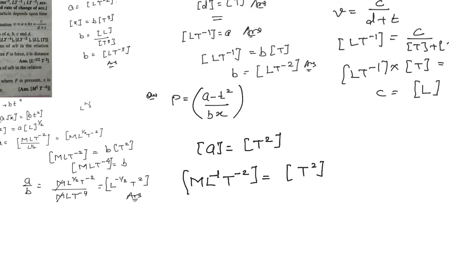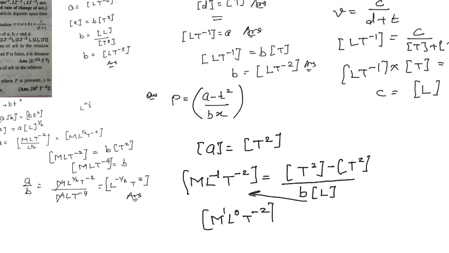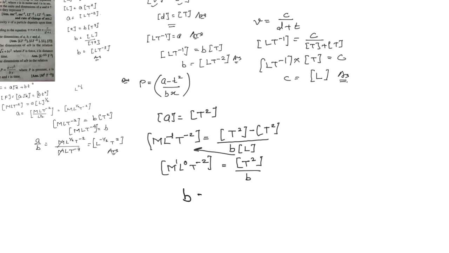T square minus t square upon b, we don't know what x is, class, L. Now if you multiply L by this, it will be M L0 T minus 2 equals T square minus t square, it will be t square upon b. So class, what will be b? B will be t square upon M T minus 2. So we can write M minus 1 T4.